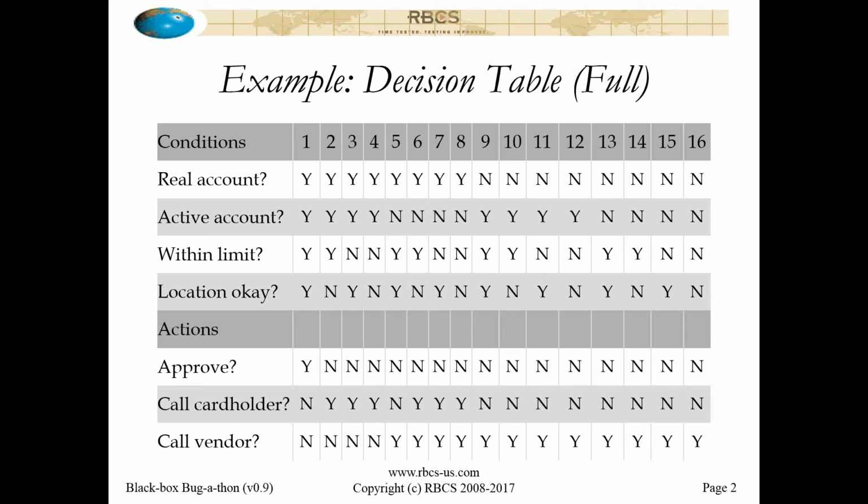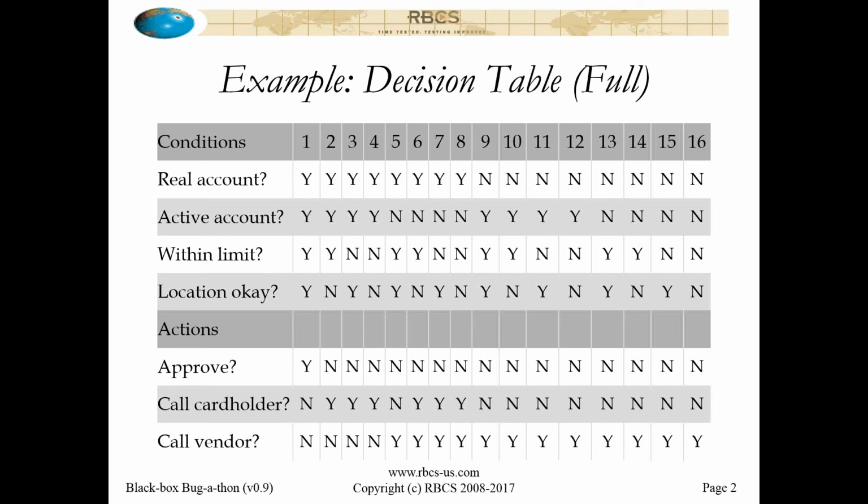Now, another thing that's nice about these: not only are they a compact way of representing the business logic of the application, they're also a very nice way of deriving tests, because we can say that we've covered the table if we create and execute at least one test for every column.